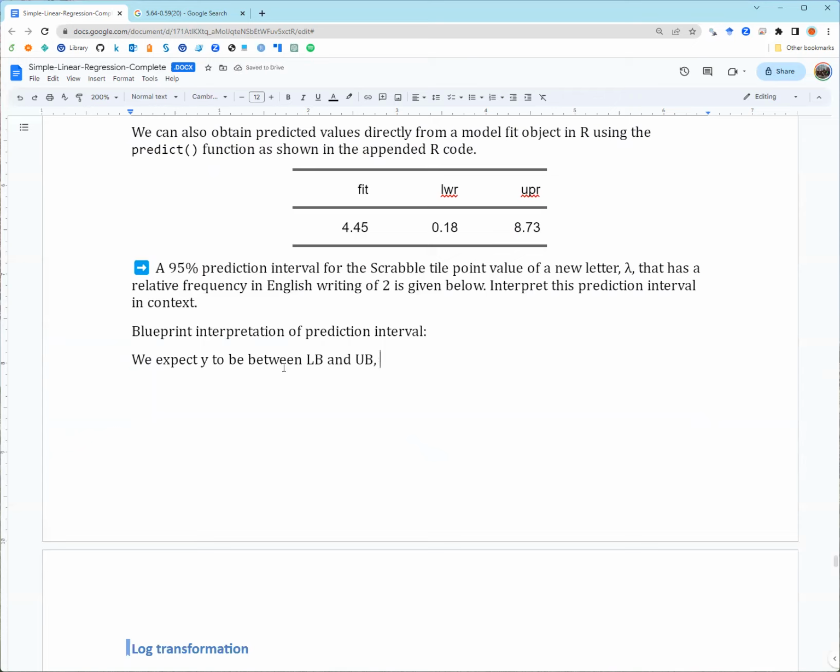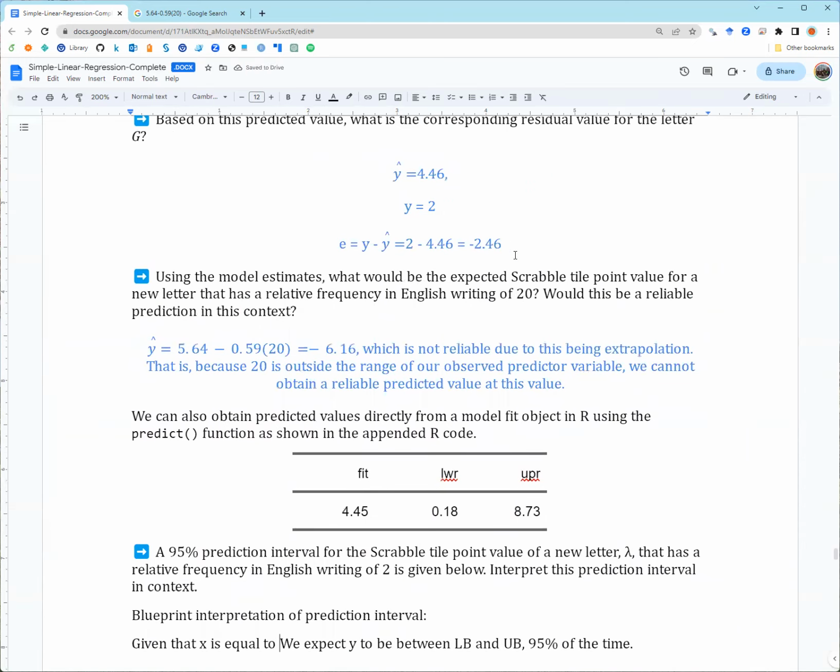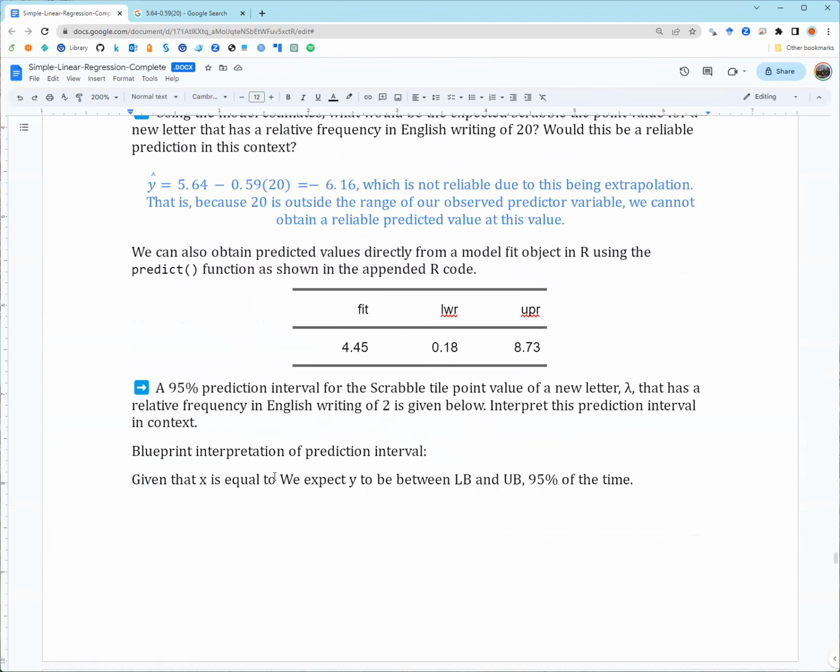For a 95% interval, it'll be 95% of the time. And then we say it needs to be given that x is equal to whatever we were getting the prediction at, in this case 2. We'll say x star, very generally. Given that x is equal to x star, we expect y to be between this number and this number 95% of the time.